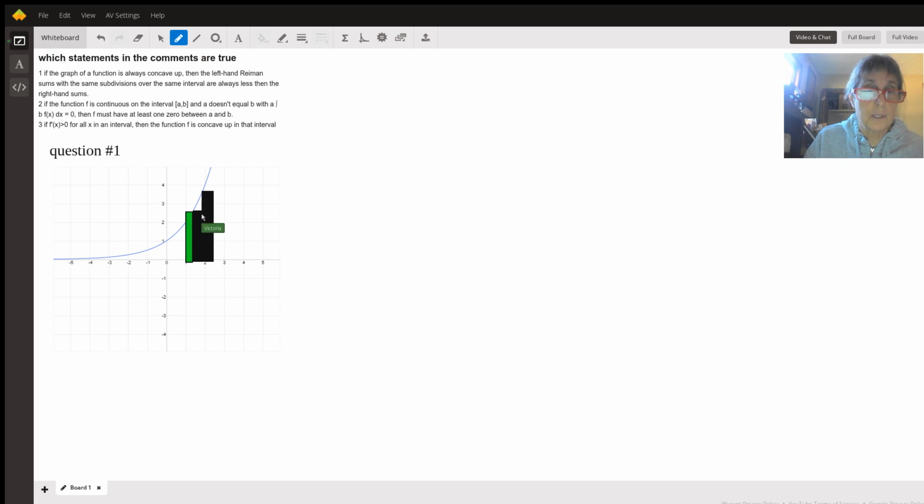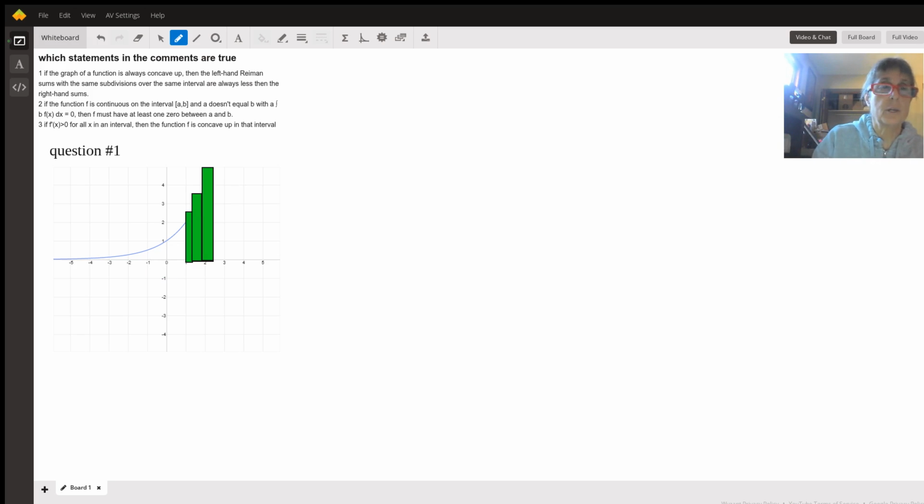I go up until the right side touches the graph. And let's do another one here. I have to go up until the right side of my rectangle touches the graph. And these are all overestimates. Notice they all go above the graph.